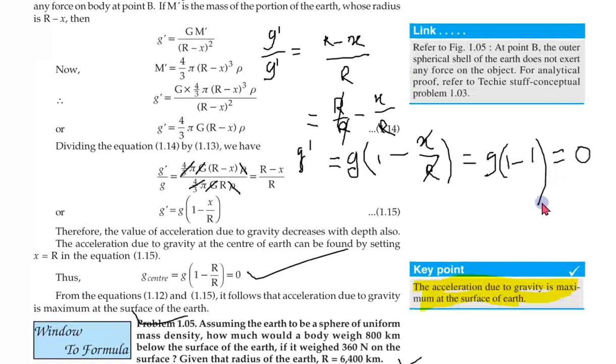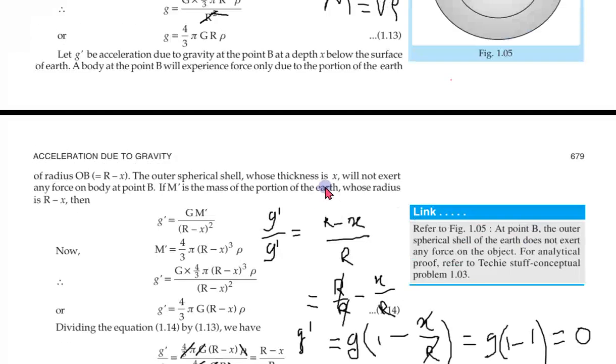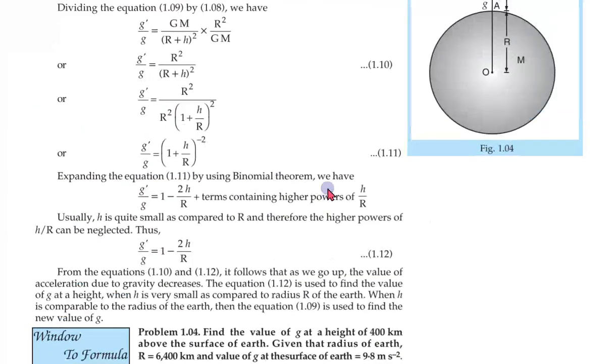As the radius decreases, g also decreases, until at the center it is 0. At the surface it is 9.8. So as we go down, g will also decrease, and at the center it is 0.